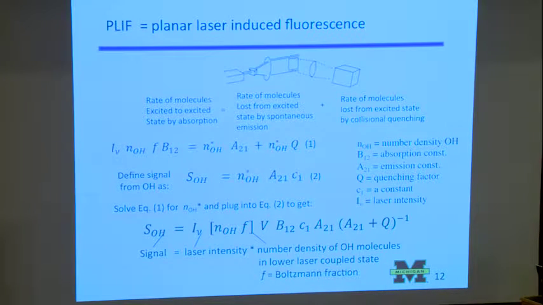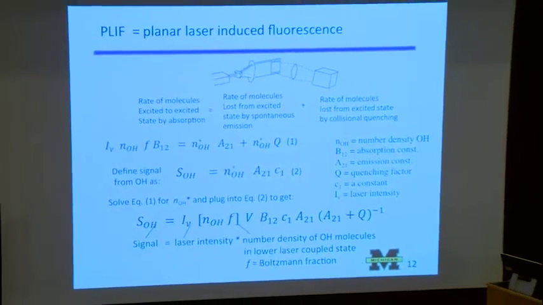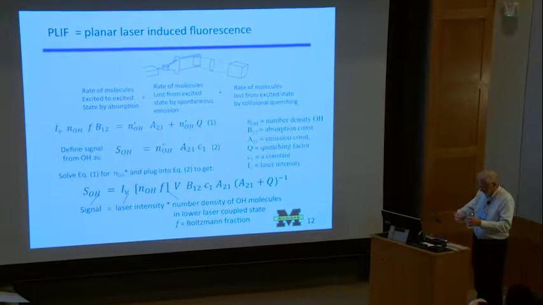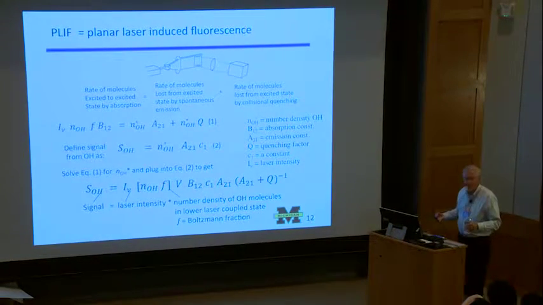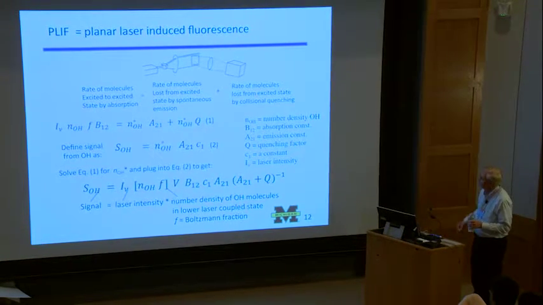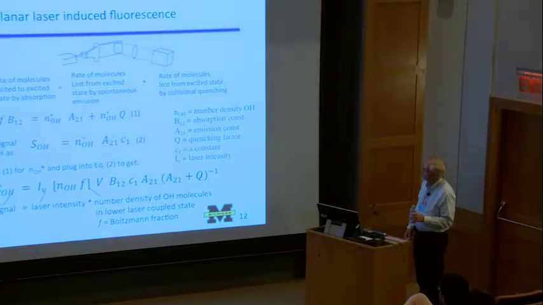But if it doesn't go to another state, in other words, within this 10 to the minus 8 seconds, you could have another molecule come in and hit that excited molecule, and the two will collide, and the energy from that electron will go into the other forms of energy of the molecule, vibration, rotation, translation, and you won't emit light. So this is collisional quenching.